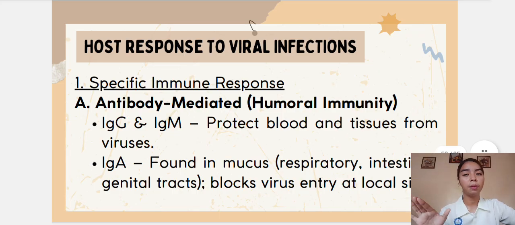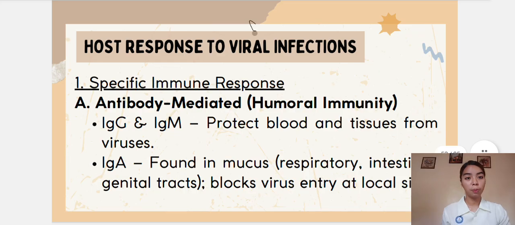Meaning yung immunoglobulin G and immunoglobulin M can be seen on our blood and our tissue, and they fight against viruses that reside in that blood and tissue. So next, on the next bullet we have immunoglobulin A, found in mucous, respiratory, intestinal, and genital tract. Blocks virus entry at the local site.